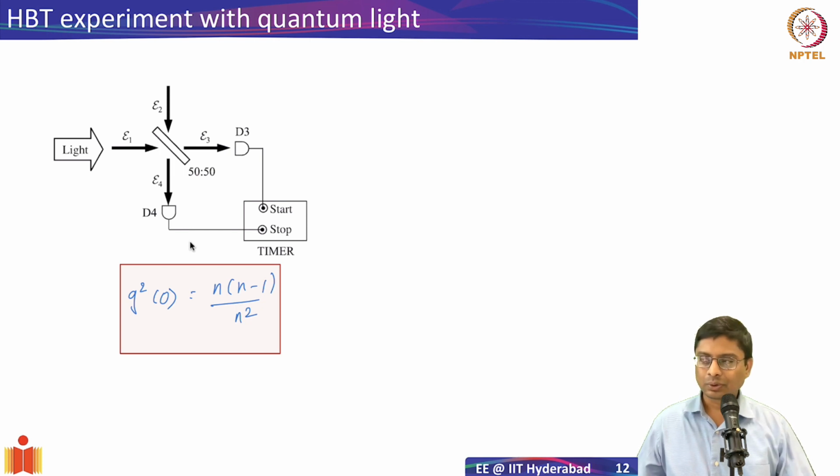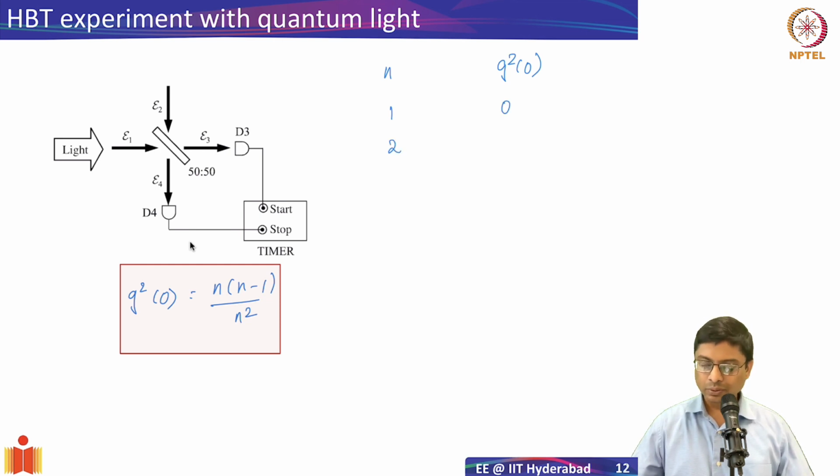So now, what is the implication of this? Okay, so let us try to write it. Let's try to tabulate n, and then G2 of 0. If your number of photons is 0, it's indeterminate anyway, there's nothing, vacuum state. If you have number of photons to be 1, my G2 is going to be what? 1 by 1. So, well, no, 0. G2 is going to be 0.